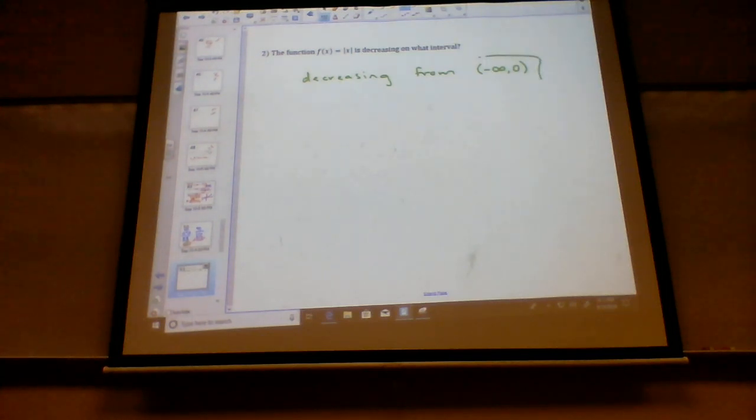This is the answer you would put in the computer. You figure out where a function is increasing and decreasing simply by looking at its graph. It's sloping downward from negative infinity to 0, therefore it's decreasing from negative infinity to 0.